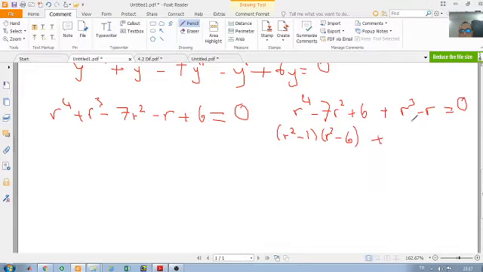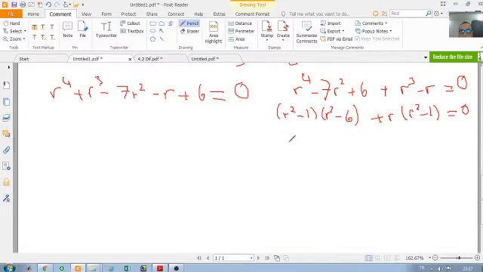And when we consider the second group, we can write r times r square minus 1 is equal to 0. So from here we obtain r square minus 1 times r square plus r minus 6 is equal to 0.